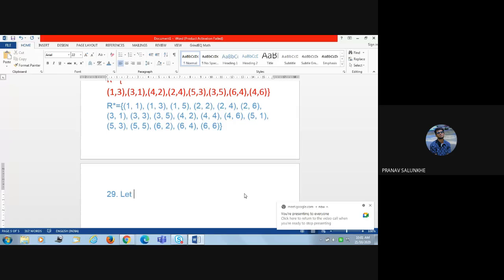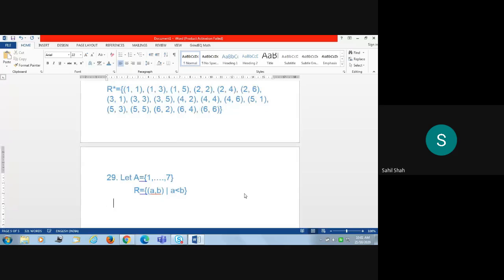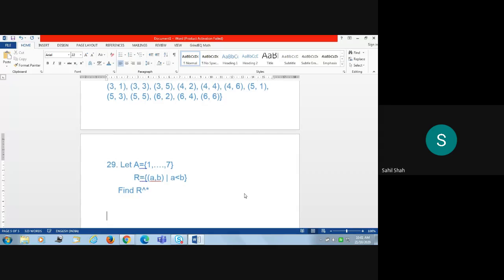Let A equal to 1 to 7, R equal to (a, b) such that a less than b. Again, the question is very same. You need to find R star. You can use either Warshall or your normal method, that depends.